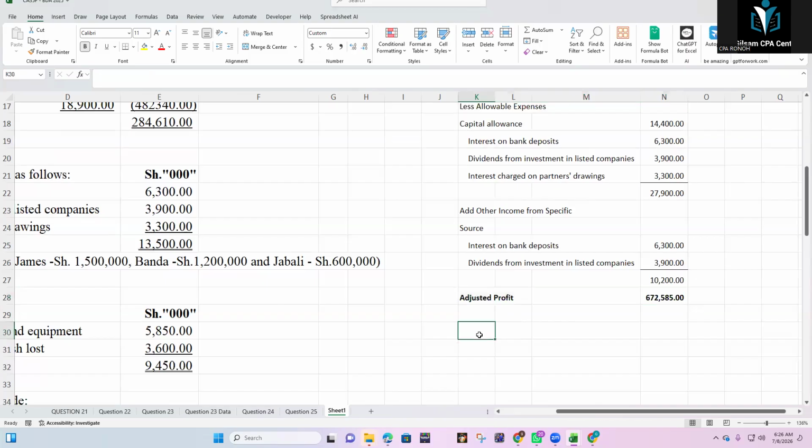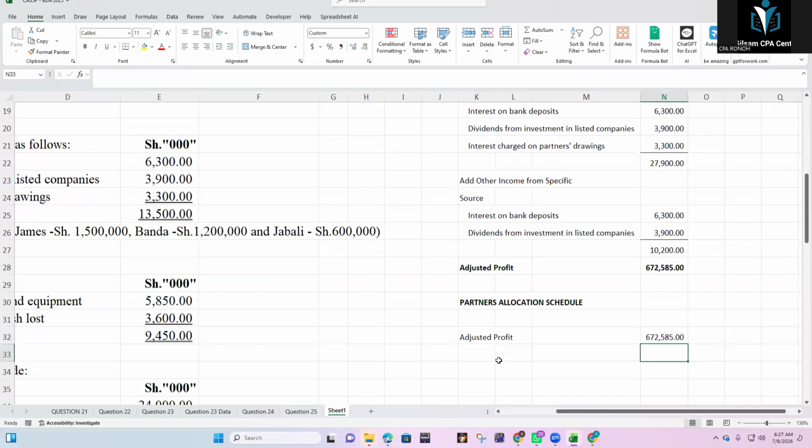So let's have the partners allocation schedule. For the partners allocation schedule, we take the adjusted profit.